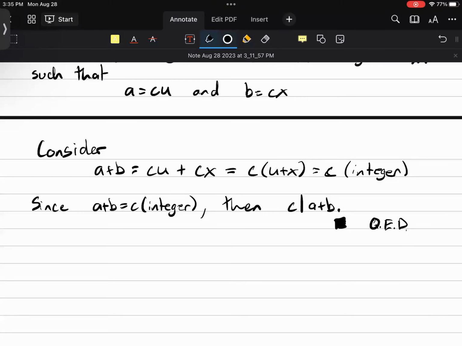It's Latin for something like to show or to demonstrate. Essentially, you're done. But the more modern way of doing it is just that nice little black square at the end, saying everything that needs to be known about this has been written. You don't need to go anywhere else. There are no other arguments.